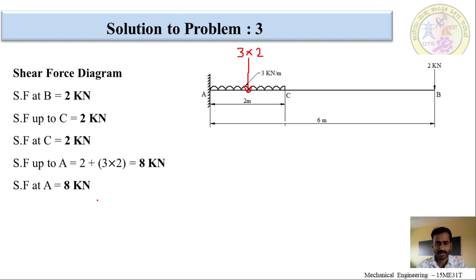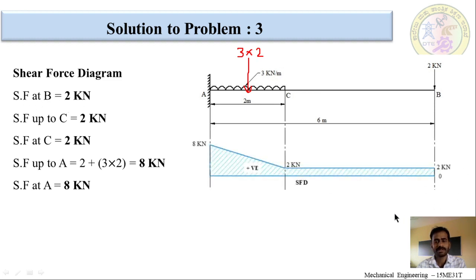These are the shear force values at different points on the beam. Now, we can draw the shear force diagram with the help of the values which we have solved. So, this is the shear force diagram with the given values.